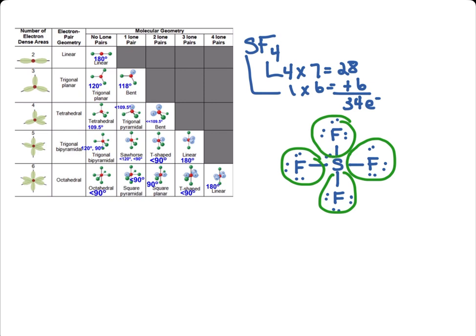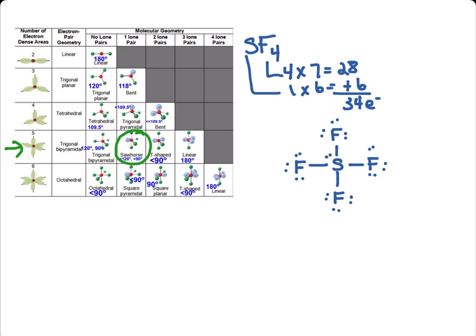So steric number 5 means trigonal bipyramidal, and it has 1 lone pair on the center atom, so I'm going to draw a seesaw-shaped molecule. And 1 bond going away, 1 bond coming out, and a lone pair on the center atom.